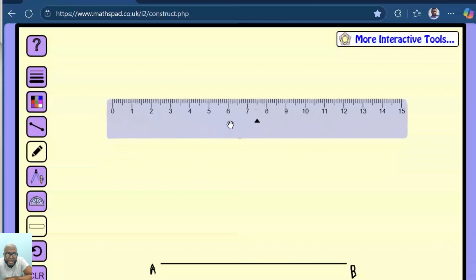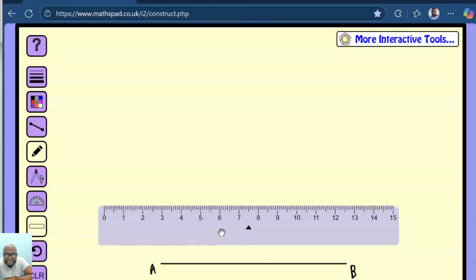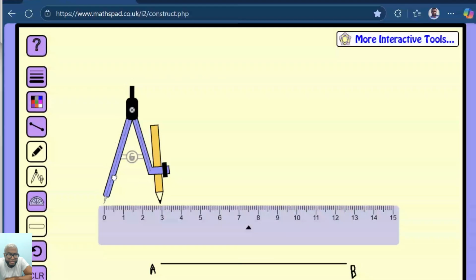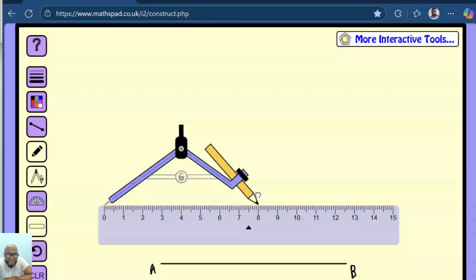They said from A to C is 8 centimeters. So you take your compass, put the sharp end on 0 and open your compass up to where 8 is. Open your compass as wide as 8 centimeters, because A to wherever C is, is 8 centimeters.